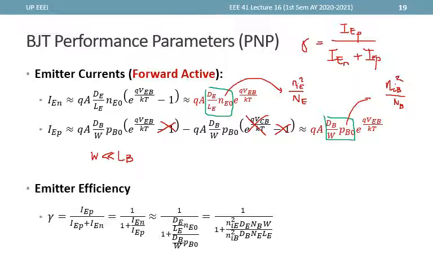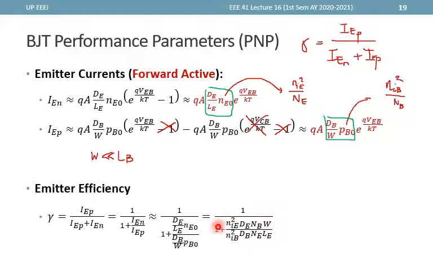So the final ratio would be composed of DE over DB, W over LE, NIE squared over NIB squared, and NB over NE.